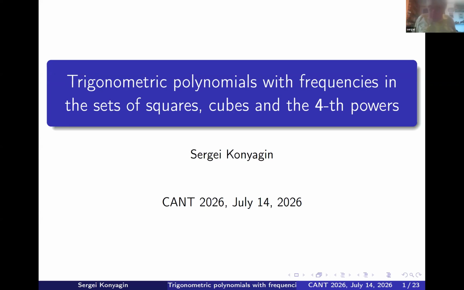Recently, maybe a few days ago, a paper by Pesant, Rudnev, and myself was published. It is a paper about the number of angles formed by endpoints in the plane, and I learned this problem at some CANT meeting.